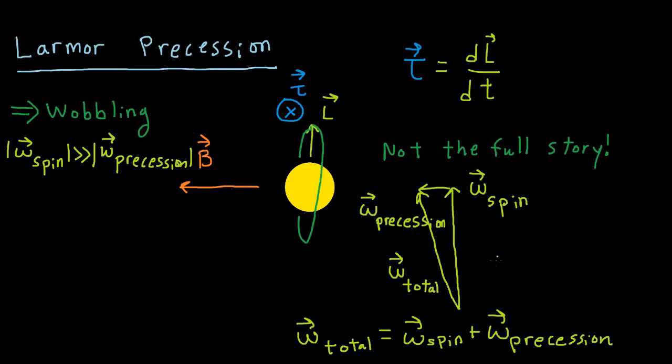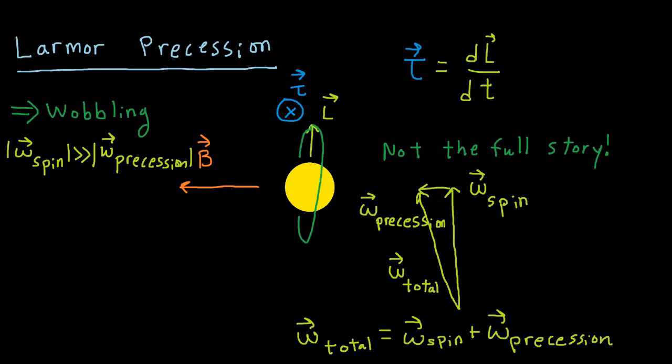So if the electron is spinning very fast, and it's very slowly precessing along the magnetic field vector, then the angular momentum vector basically points along the direction in which it's spinning, and the torque basically points at a right angle, and that's all there is to it.